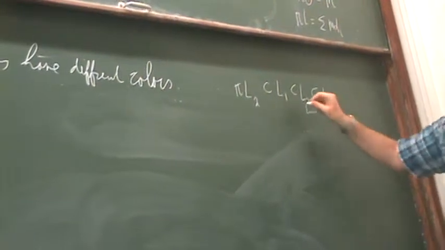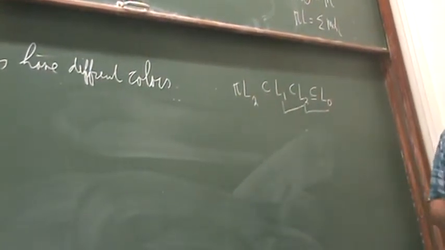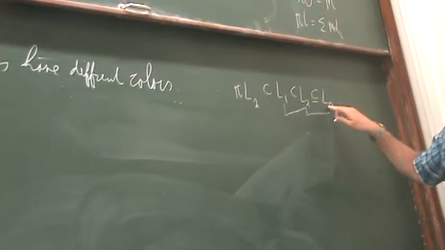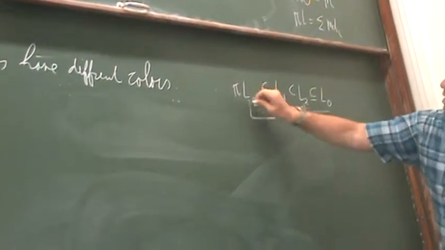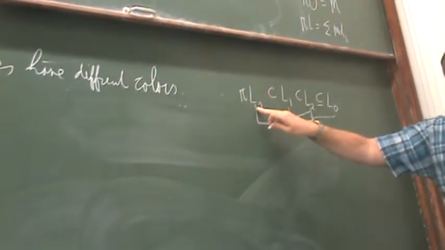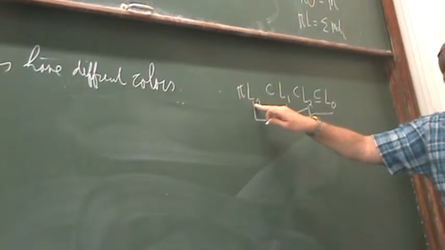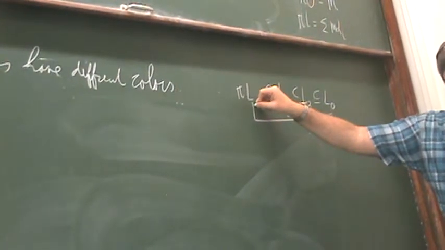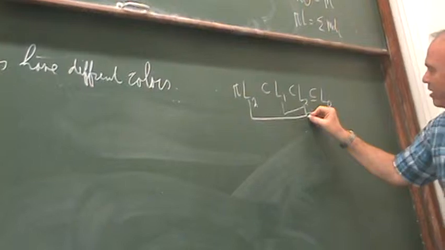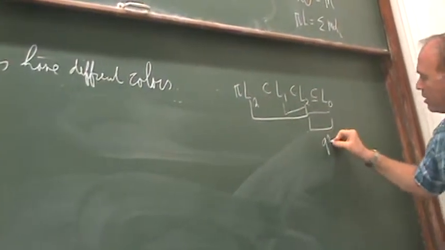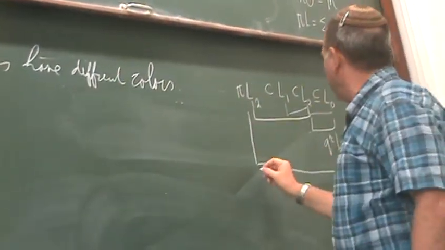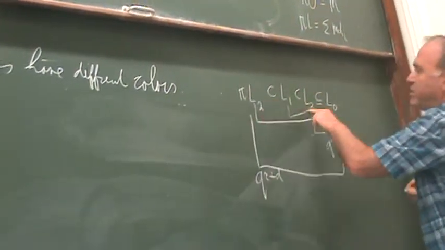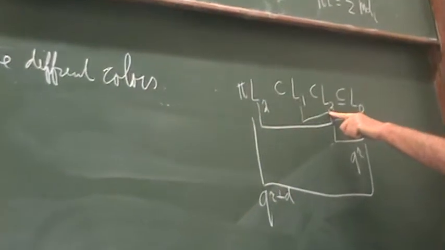So the index here and the index here are different from each other, modulo D, because this is of some index Q to the R, and this one is of index Q to the R plus D. Right? If I multiply by pi, I'm adding D to the exponent. The index here is Q to the R. The index from here to here is Q to the R plus D, because this is multiplication by pi from here.